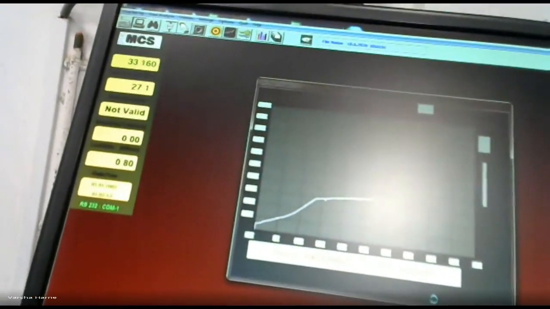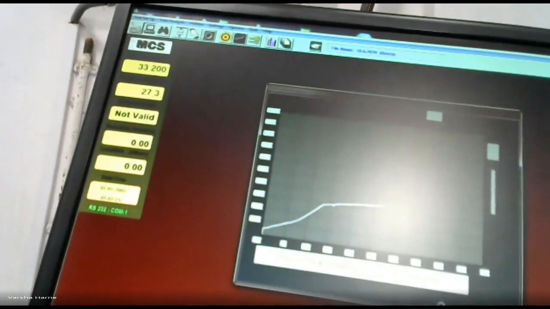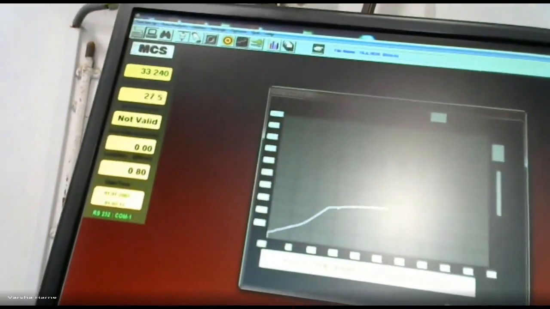Now see the load, which goes on the decreasing side sometimes.